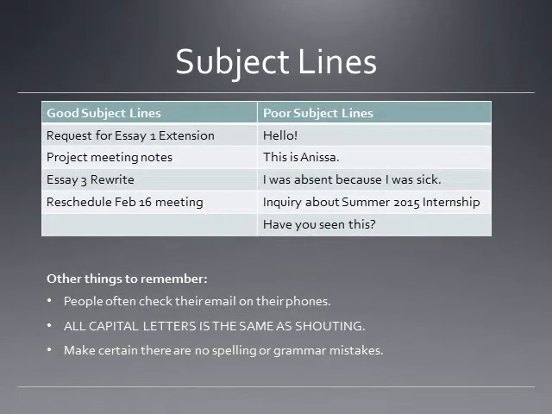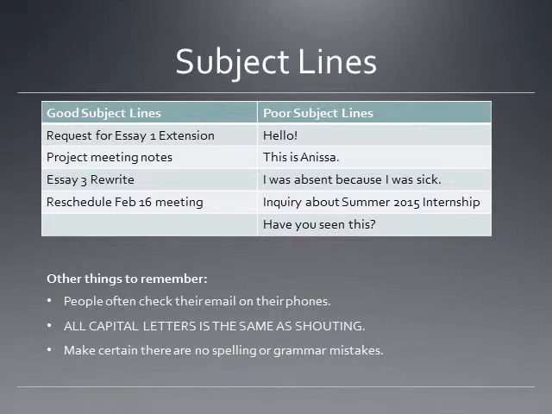Okay, some examples of good subject lines are here on the left-hand side of the chart. Request for SA1 extension. So this makes it very clear that the sender is asking for something. The topic, the SA1, and also an extension, what it is that they're expecting to get. Project meeting notes, etc. These are very good because they give a clear idea of what the sender wants.